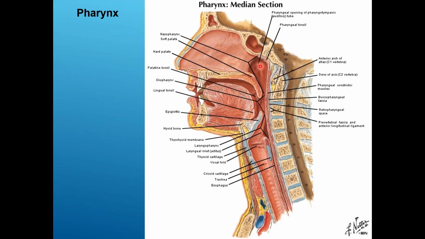Why do you need an auditory canal, eustachian canal? To equalize the pressure on your tympanic membrane, right? That's why we ask you to open your mouth whenever you travel and you feel pressure on your tympanic membranes. You open your mouth, you swallow, so that you can equalize the pressure on the tympanic membrane.